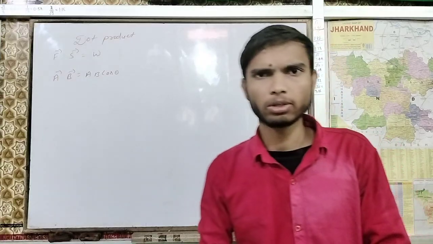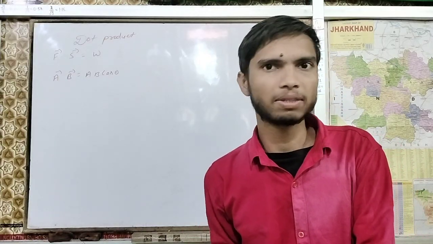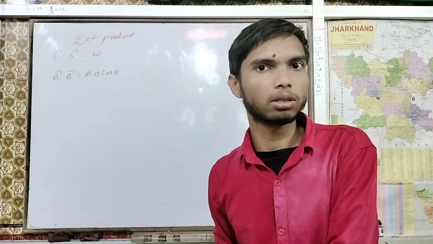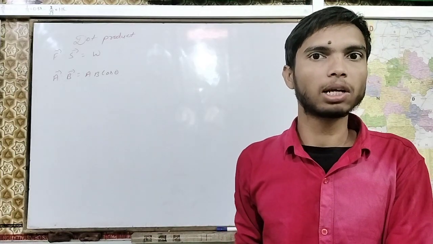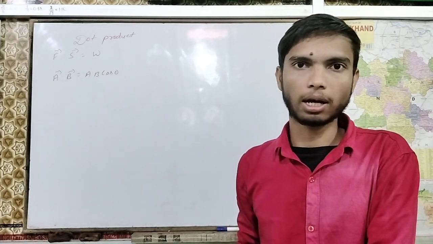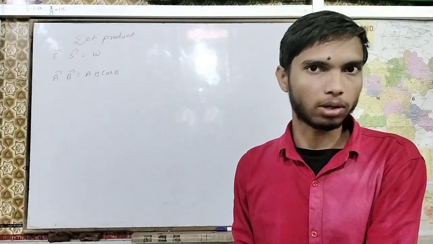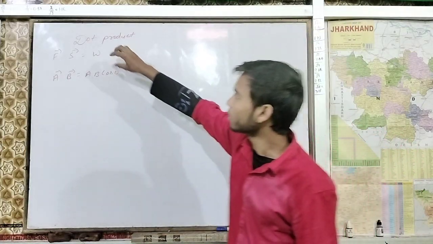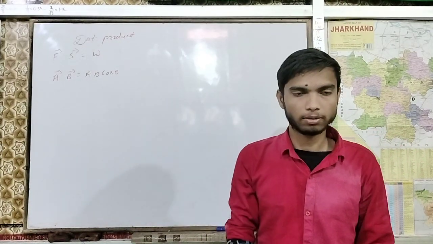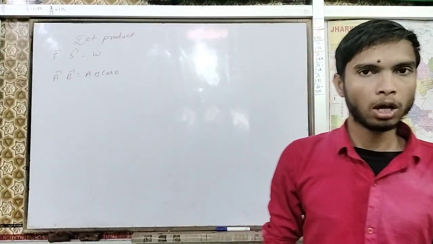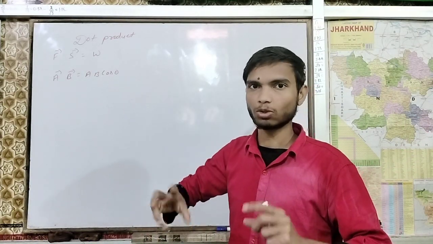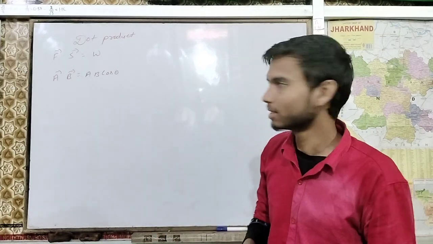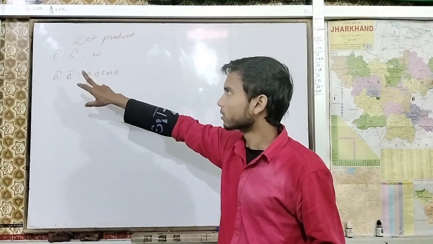We have seen a little bit of information about dot product, as well as about cross product. So we are going to break down the dot product, then we will jump to cross product. Here we took this example of W is equal to Fs. Now we are going to apply logic so that we can get more clarity. Look over here.